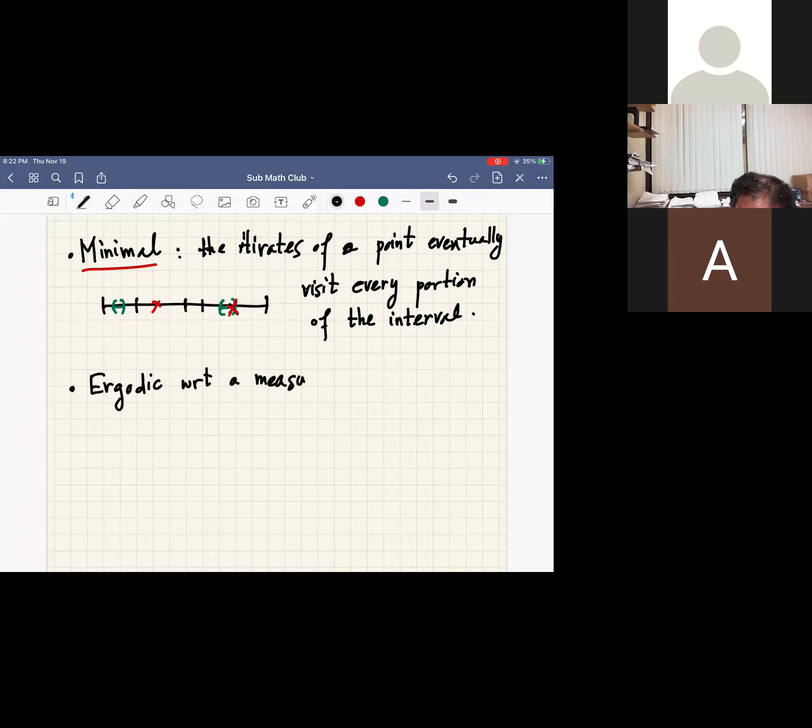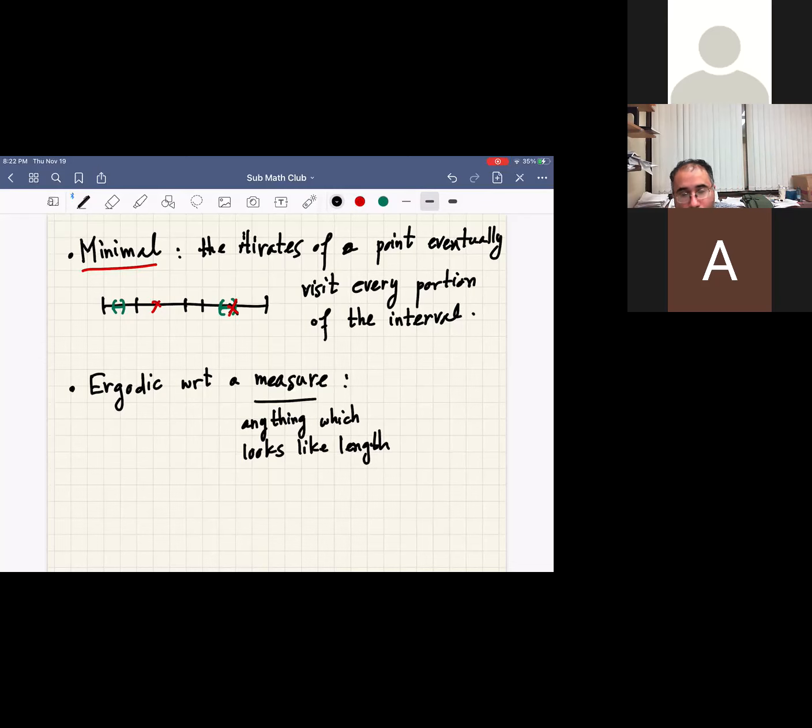So here I already put a couple of words. First of all, a measure on this interval is going to be anything which looks like length. For this interval, I can take any piece and measure the length, right? So the length of any piece is going to be positive.